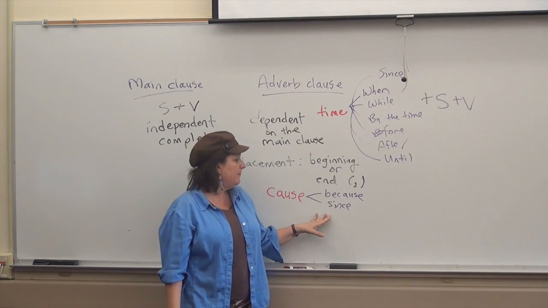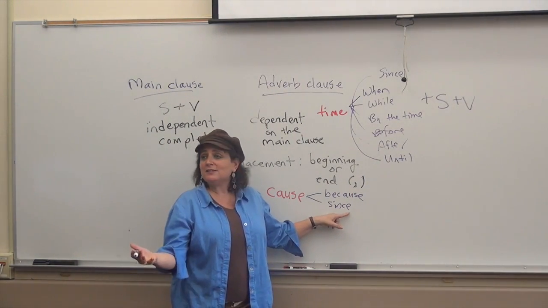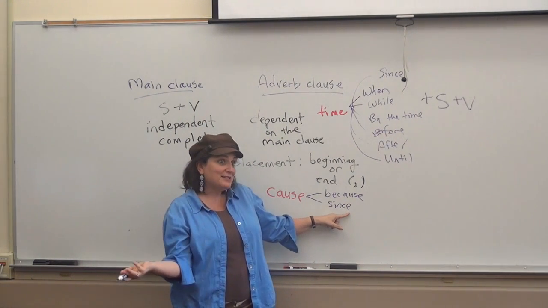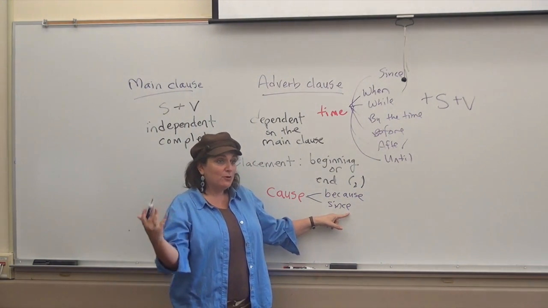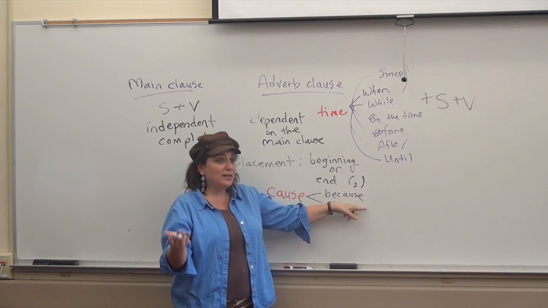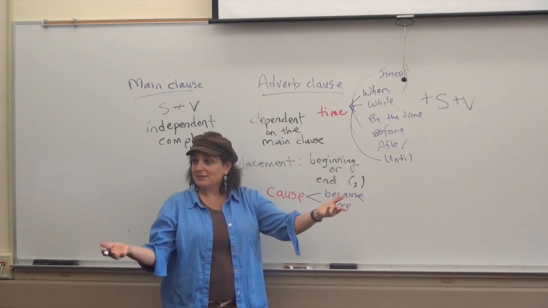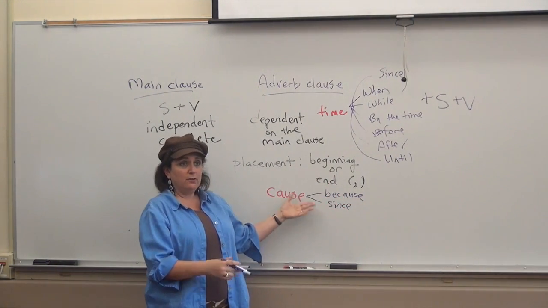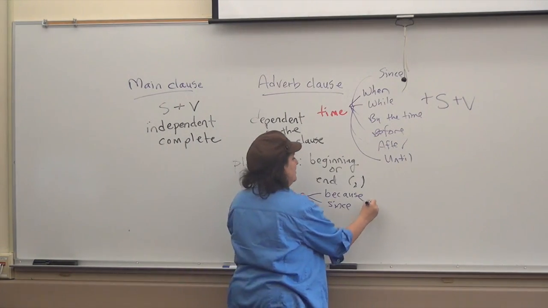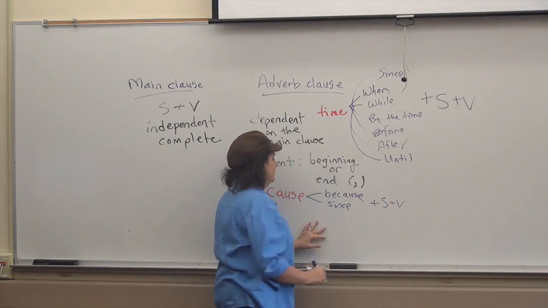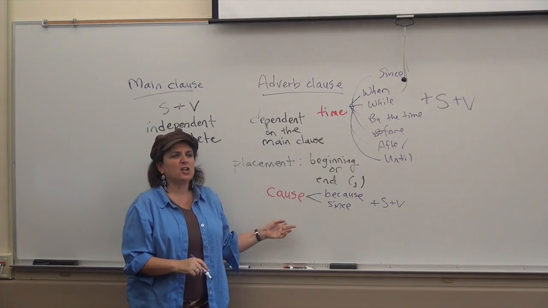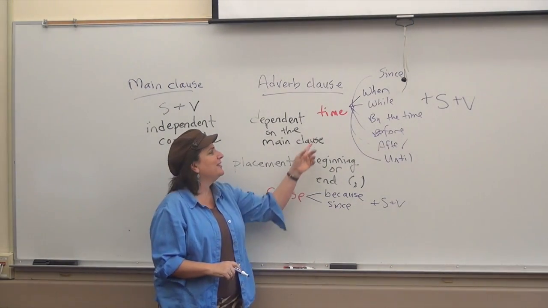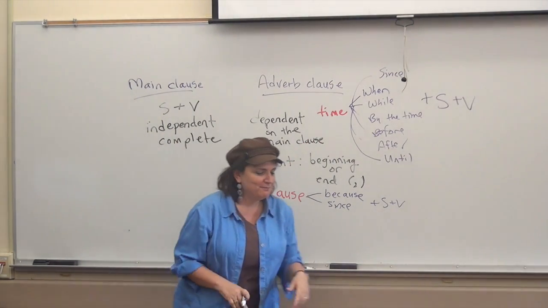Okay, so since you were late, you missed the test. In other words, because you were late, you missed the test. And these are followed, just like all clauses, by a subject and a verb. We can call this a cause clause. Call that a time clause, I can call this a cause clause.